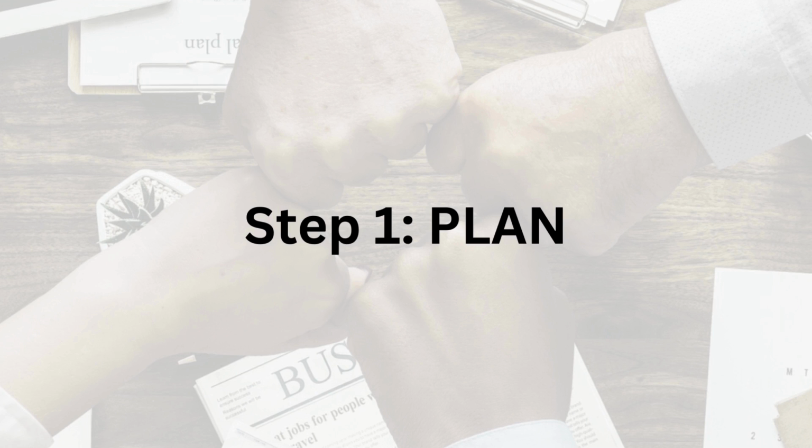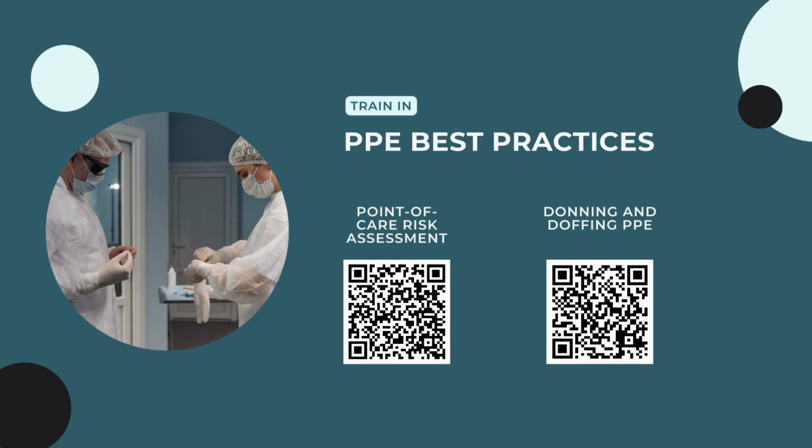We will now review the first 3 steps, starting with step 1, plan. There is one essential step that everyone must take before we choose our PPE. This step is the personal risk assessment or the point of care risk assessment.